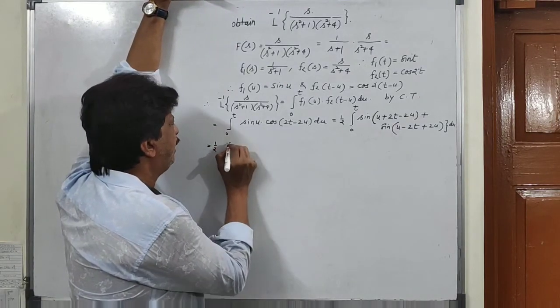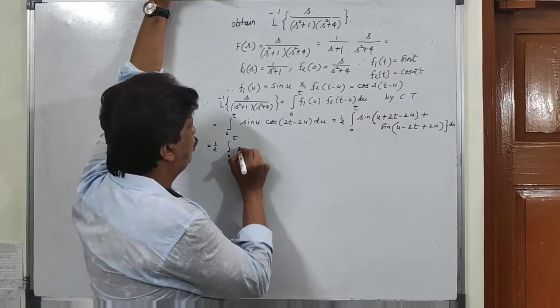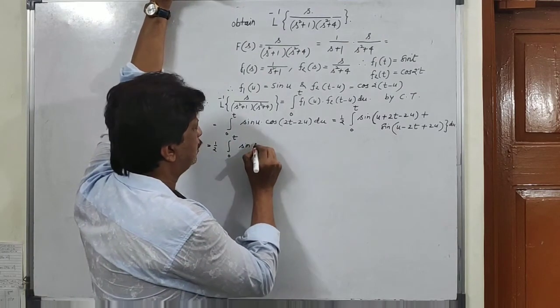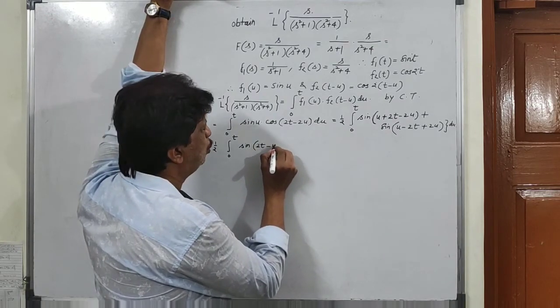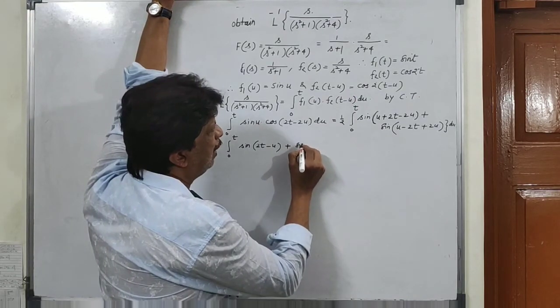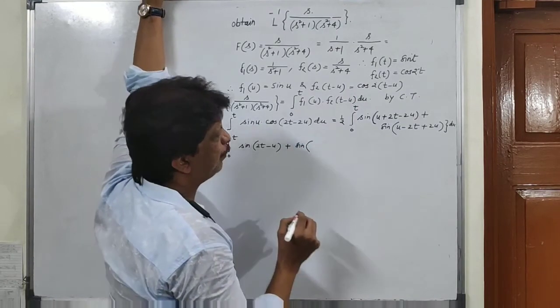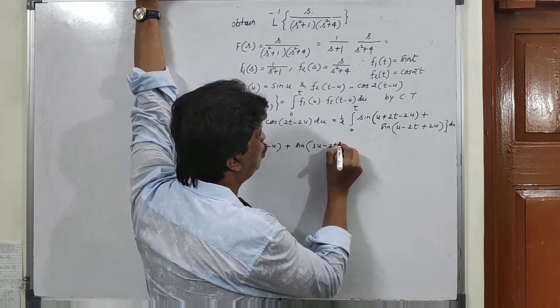So 1 by 2 times integral 0 to t, this is sine of 2t minus u plus sine of 3u minus 2t.